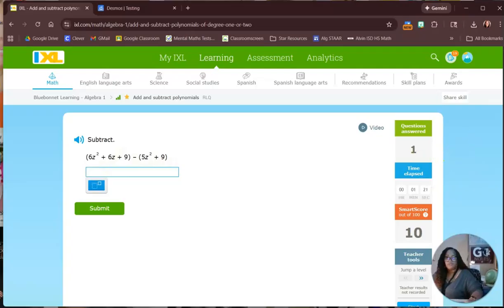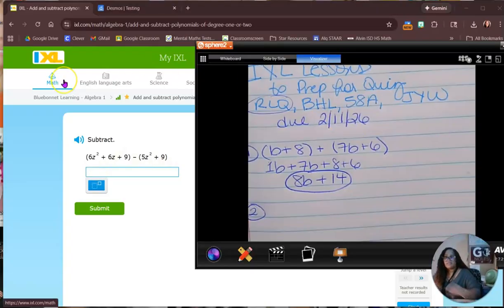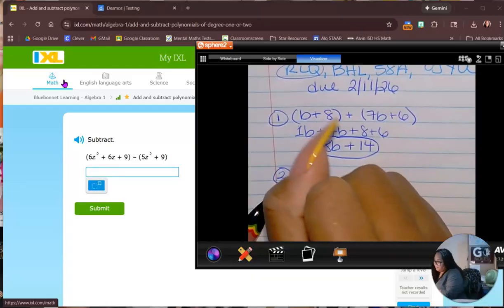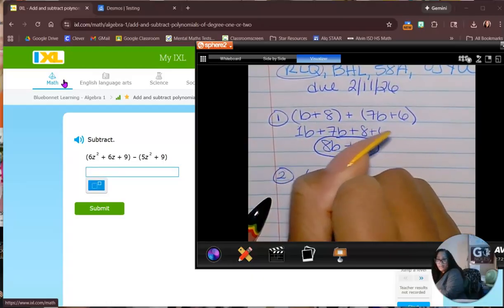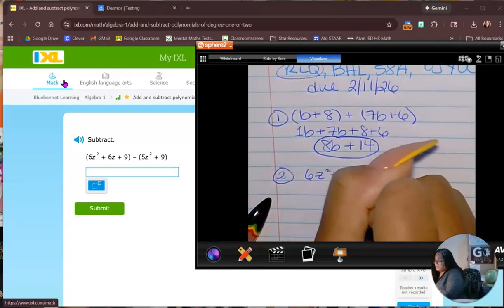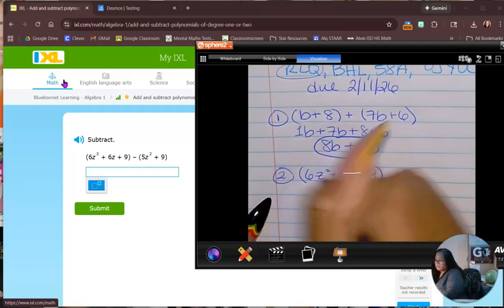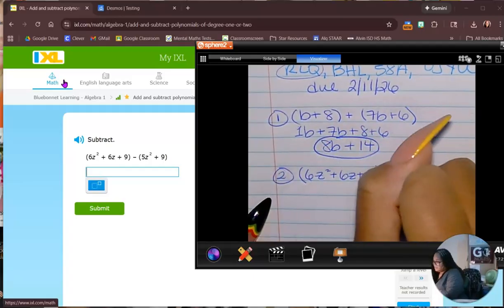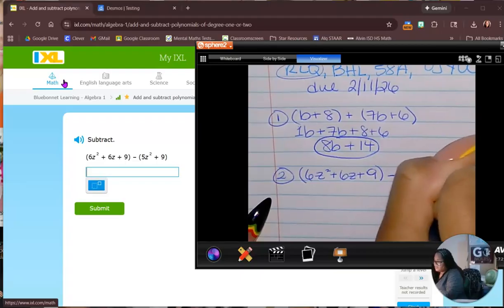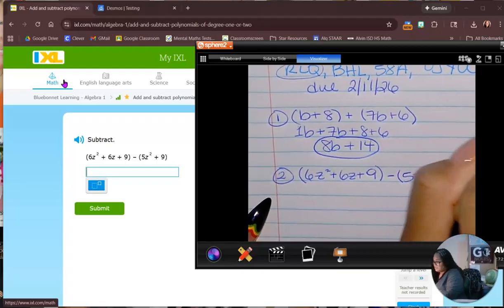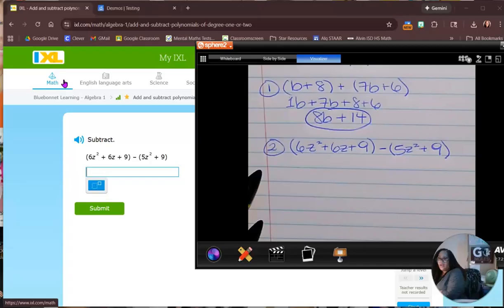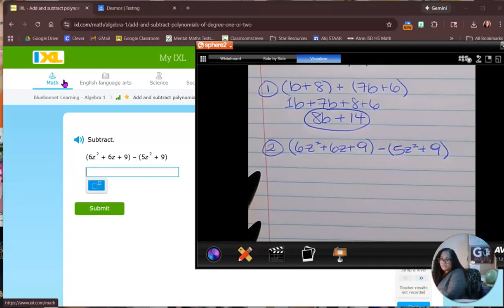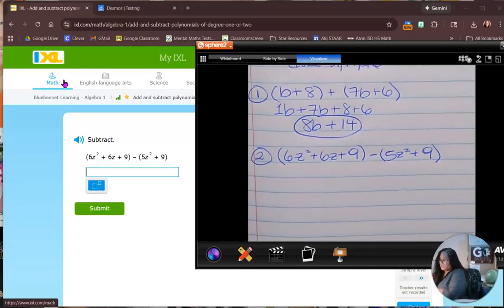The next one says 6z squared plus 6z plus 9 minus 5z squared plus 9. Then I can just group my terms by using my highlighters and color code them.